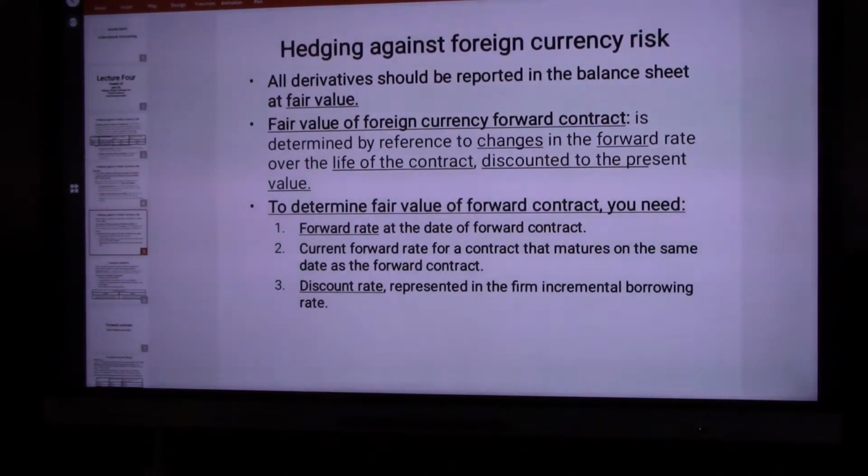لو انا بتكلم على forward contract I need to determine the fair value of the contract. So we need a current forward rate of the contract سعر دلوقتي الريت هو ايه؟ and a discount rate. Fair value of a foreign currency forward contract is determined by referring to the change in forward contract rate over the life of the contract.